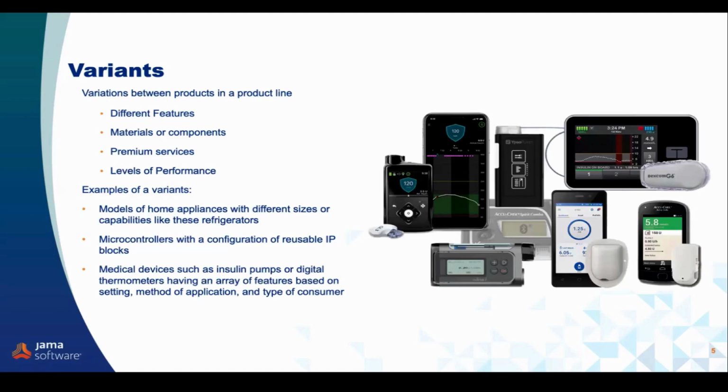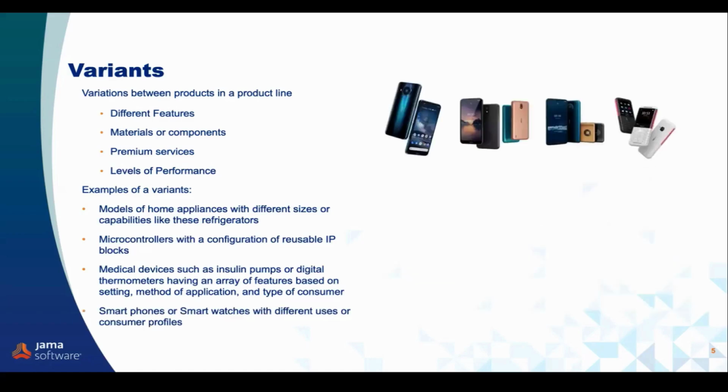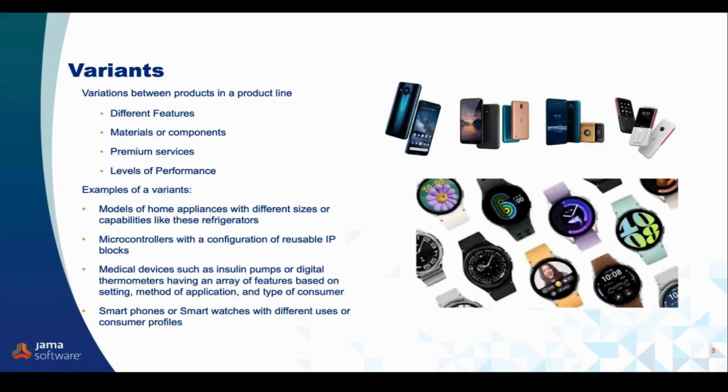Medical devices, such as insulin pumps or digital thermometers, having an array of features based on setting, method of application, or type of consumer. As well as everyday devices such as smartphones or smartwatches with different uses or consumer profiles.